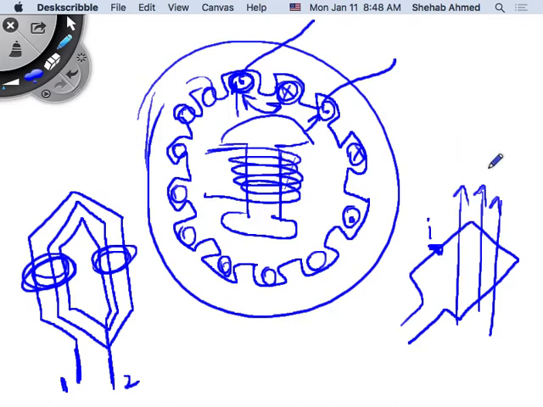This is a time-varying magnetic field. Voltage will develop here. Or if you put voltage here, voltage will develop here. So voltage will develop if you rotate the coil in a time-varying magnetic field.